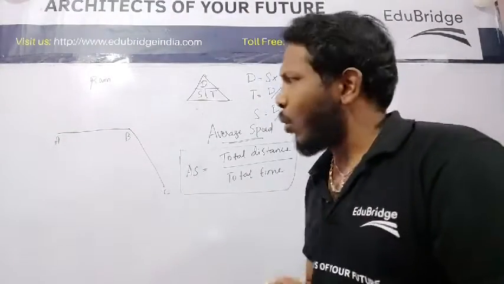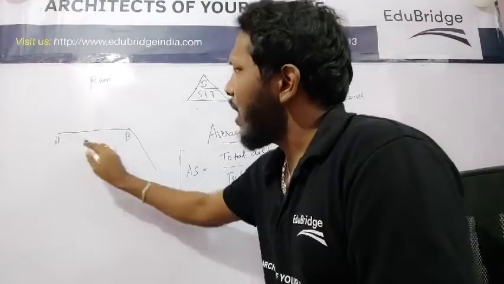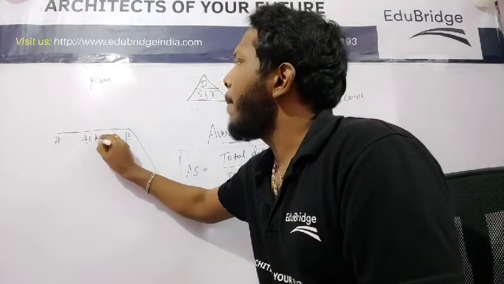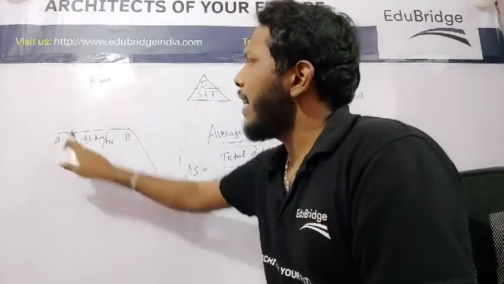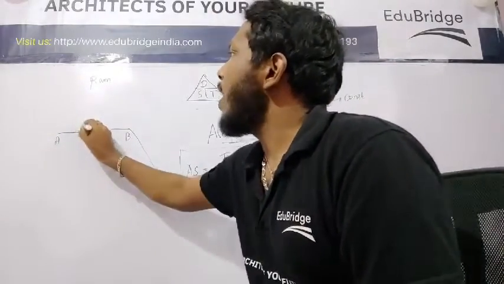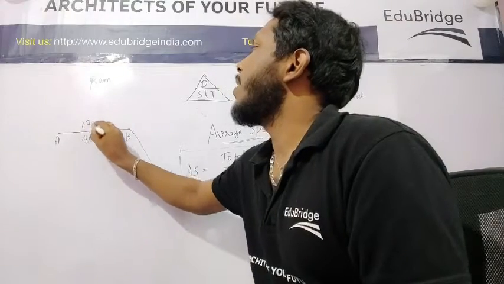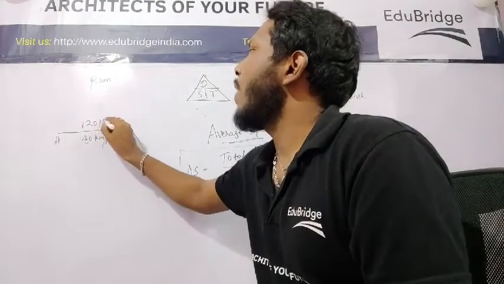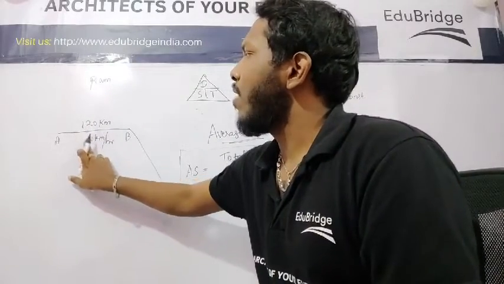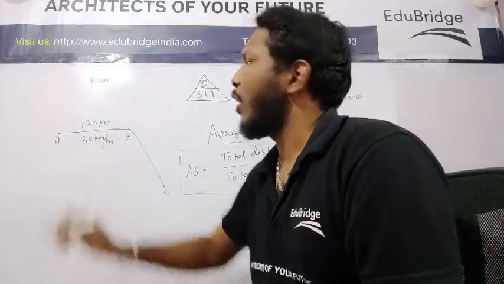Let's imagine Ram is traveling at the speed of 40 kilometers per hour, and the distance from point A to point B is 120 kilometers. Let's take this as 30 kilometers per hour, it will be quite easy for the calculations.